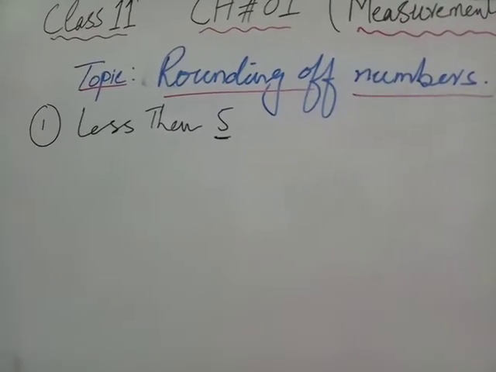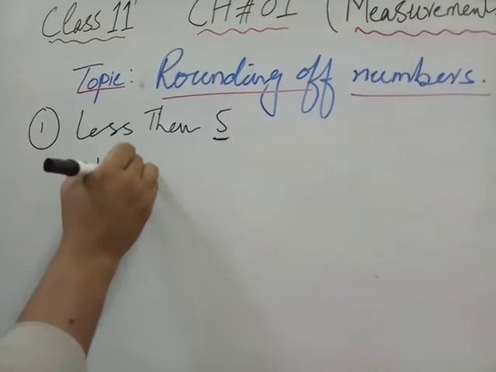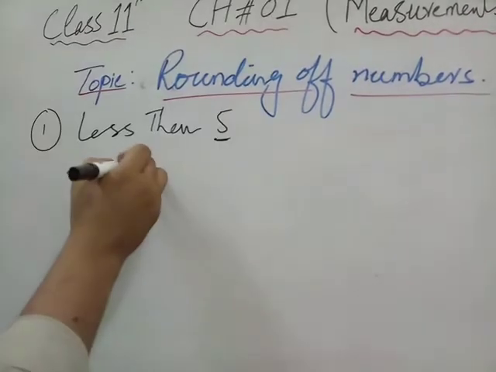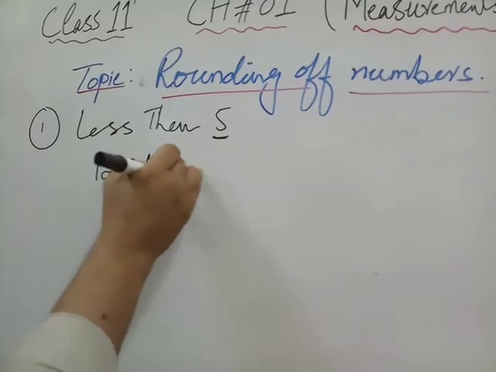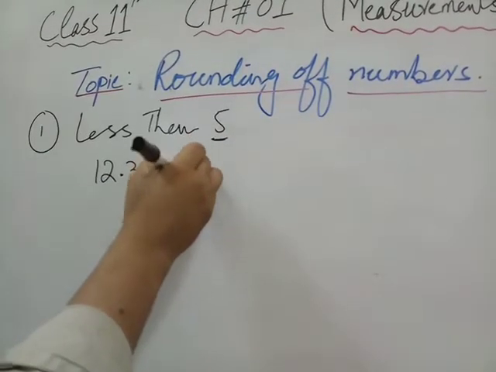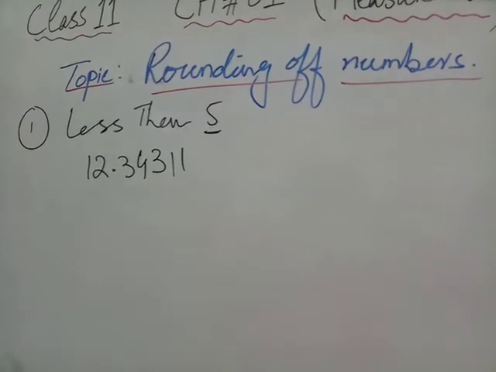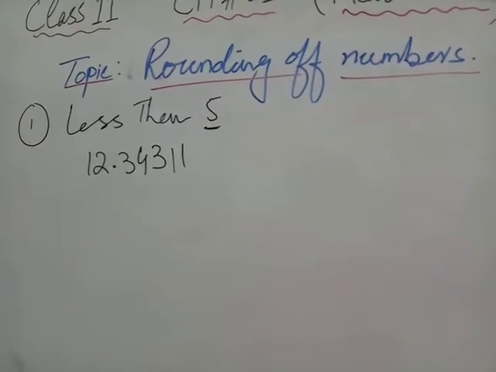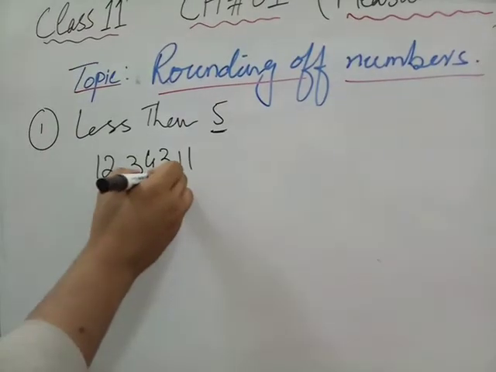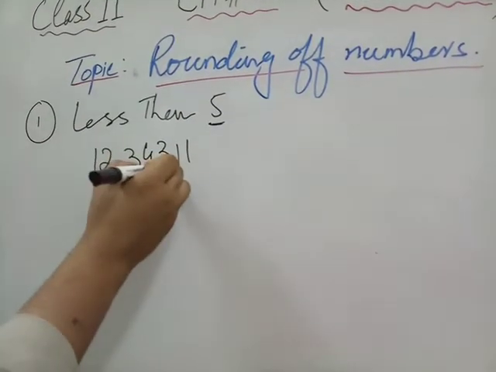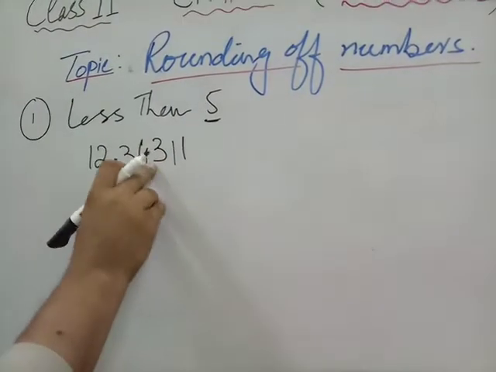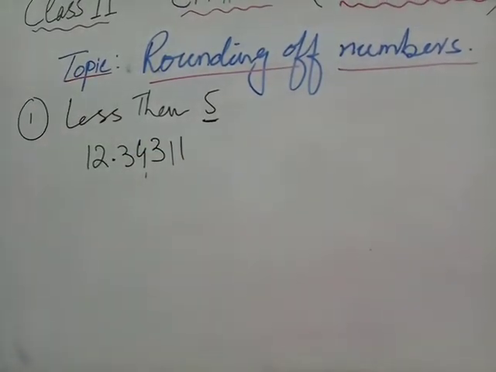Like we have a number 12.34311, and we are rounding this number up to the second decimal place.